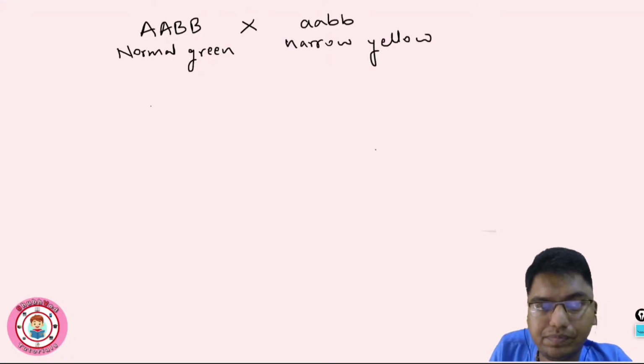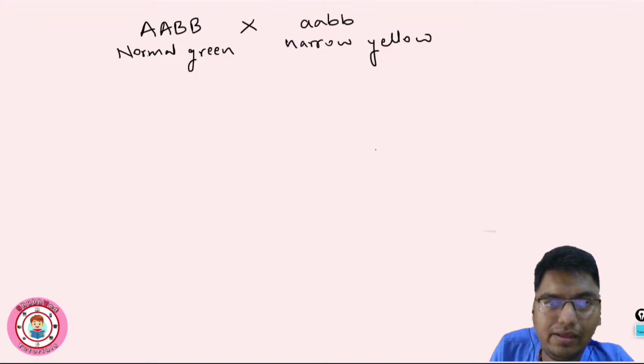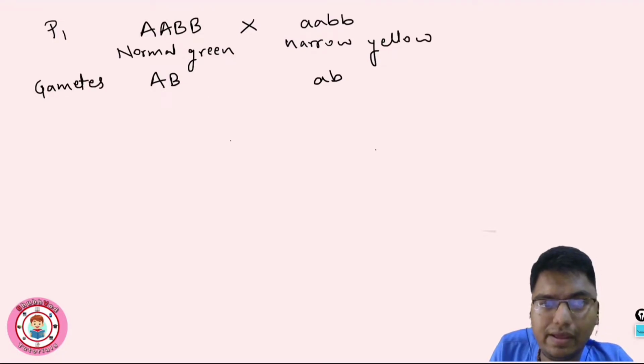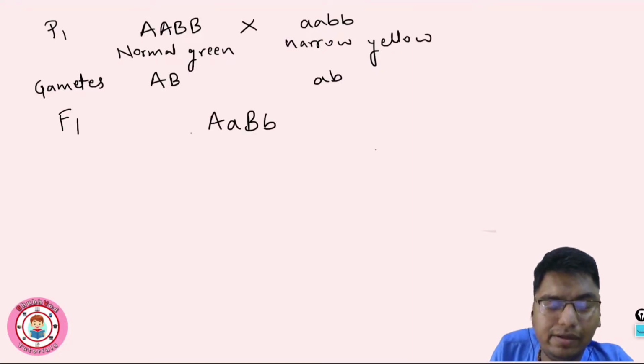Okay, we know this will give only this gamete, right? So I will write here, this is a P1, these are the gametes formed by this. Then what will be the F1? AA, BB, right? This is again normal green, right?